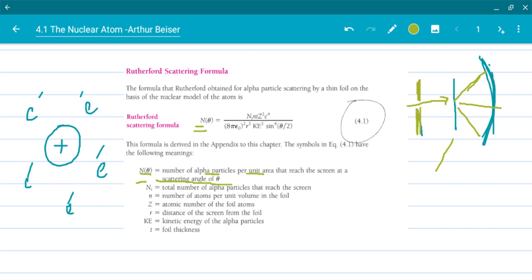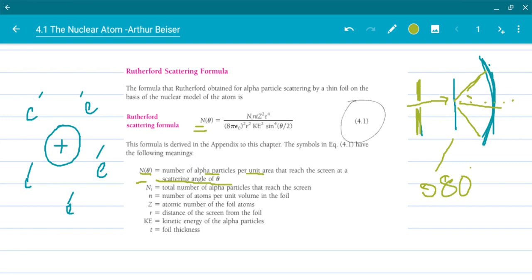So N theta is basically going to represent, at a given angle theta, let's say at 80 degrees, how many alpha particles per unit area are reaching the screen. Okay, I hope you've gotten it.